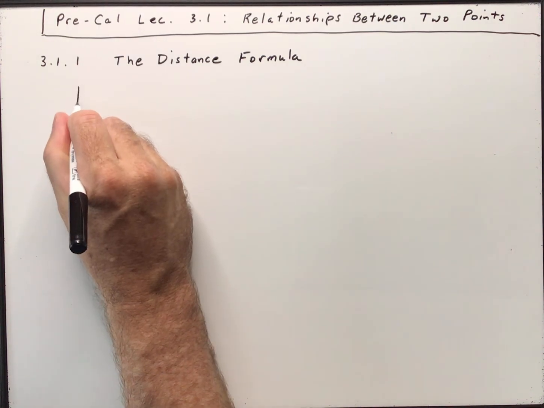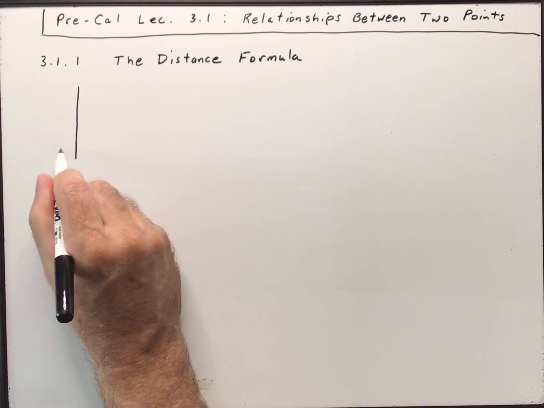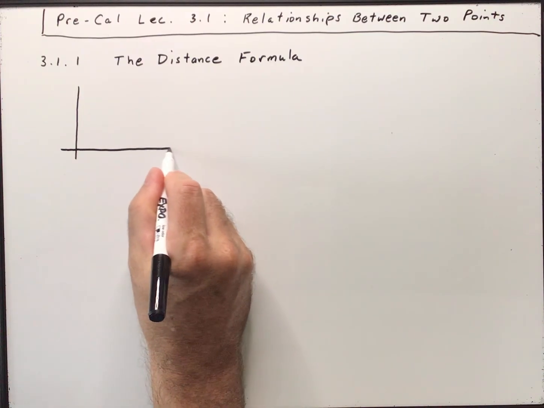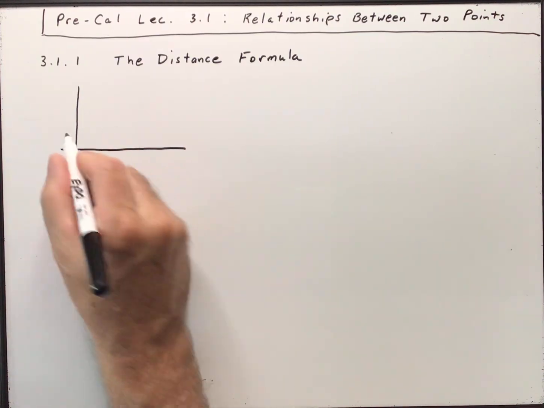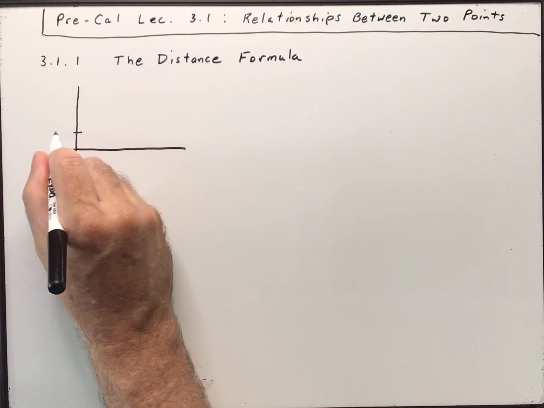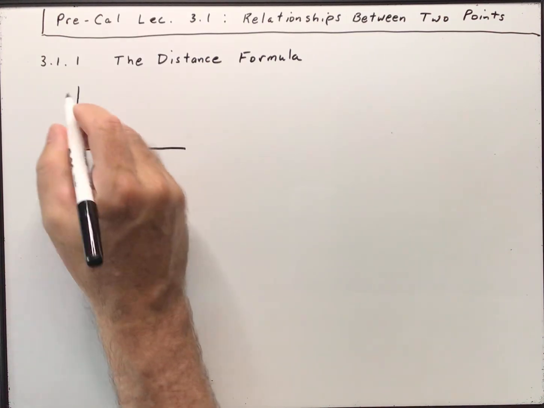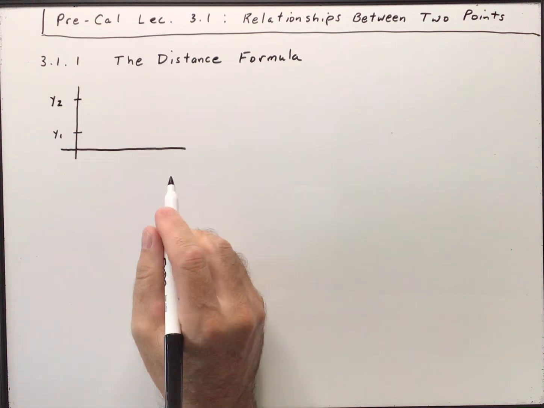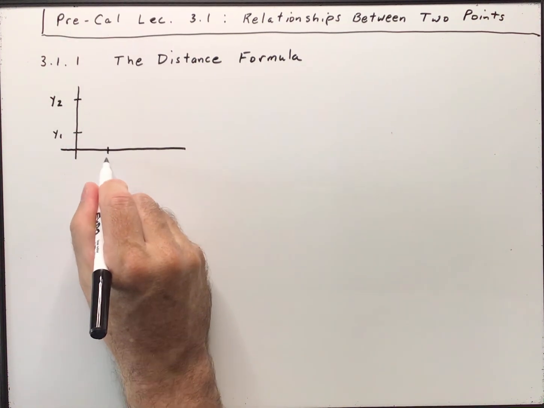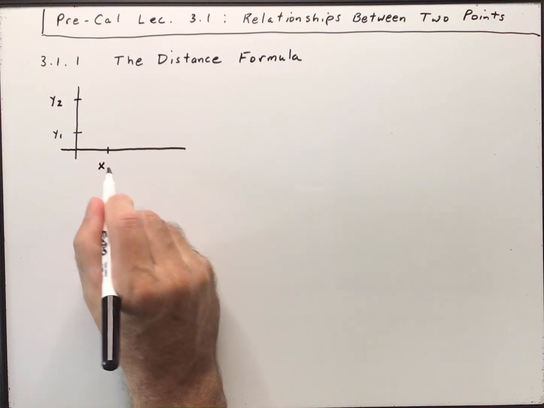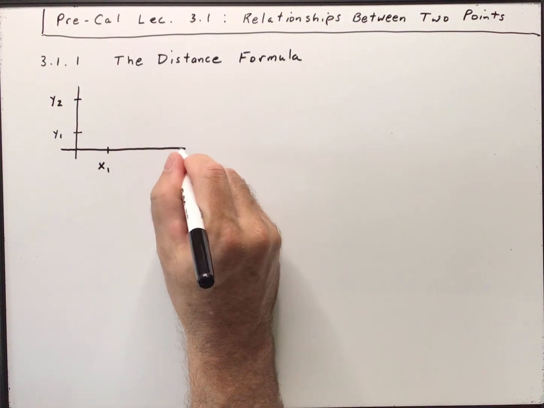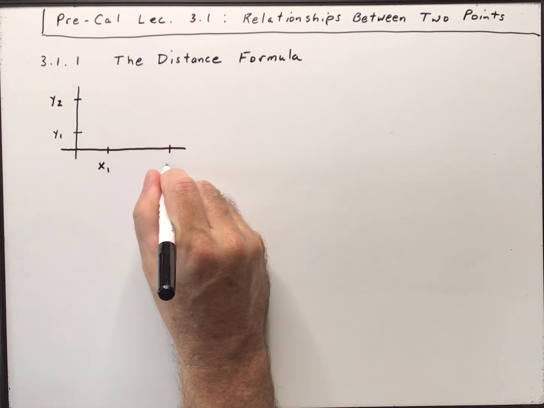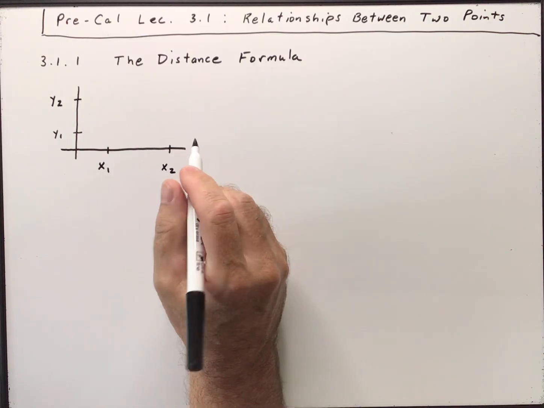So let's go ahead and draw an X and Y coordinate plane here. So I'm going to mark some points here. We're going to call this Y1 and Y2. And then we're going to mark a couple of points on the x-axis, X1 and X2.